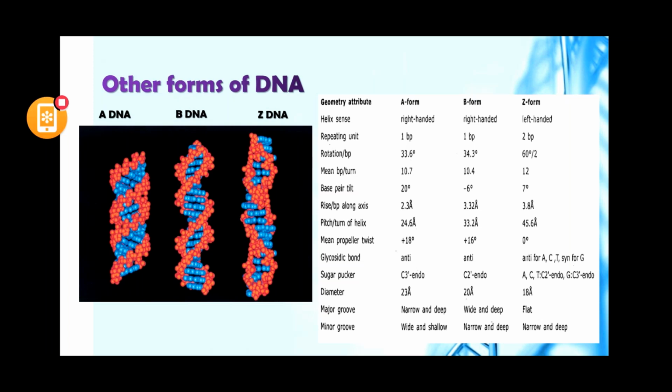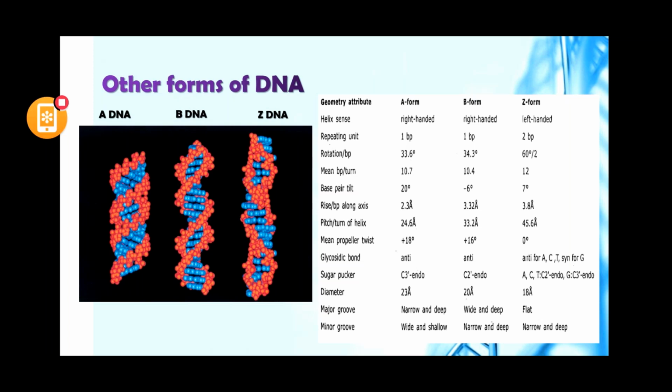Similarly, you can see the helix rise per base pair along the axis is 2.3 angstrom in case of the A form of DNA, while in the B form of DNA it is 3.32 angstrom. Now the glycosidic bond is similar in the A form and B form of DNA, but the sugar puckering is different.